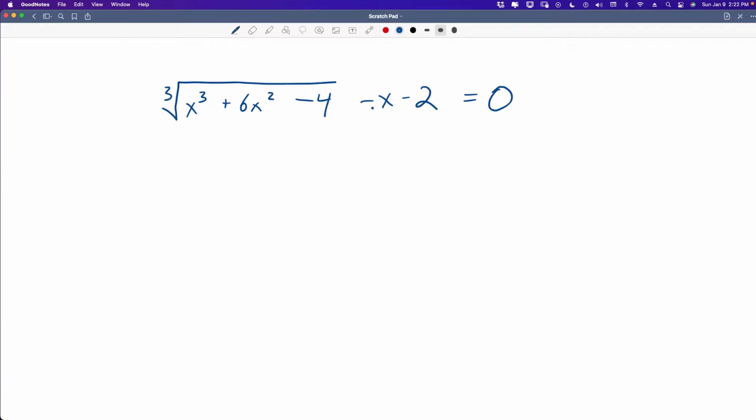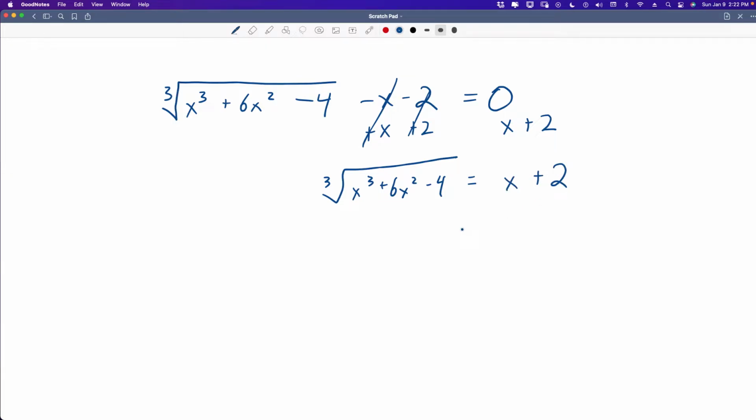So what we're going to do is add x and 2 to both sides. So we get x plus 2 over here, and these cancel. So we are left with this radical symbol of x cubed plus 6x squared minus 4 equals x plus 2.